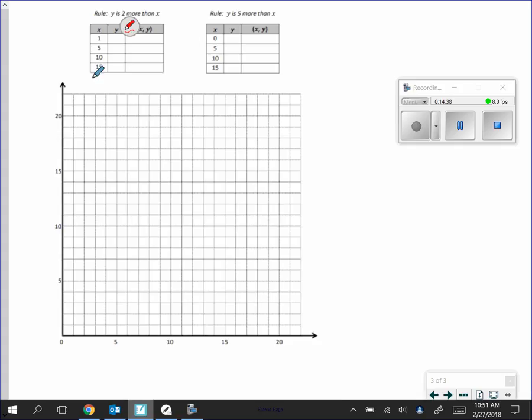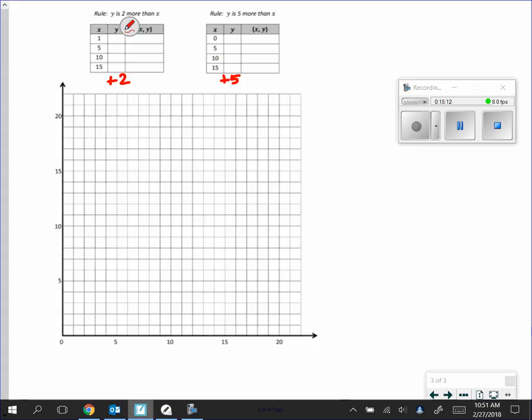So if y is 2 more than x, I'm going to take my x and do what with it? Add 2. It's 2 more, not 2 times, it's 2 more. So it's plus 2. This is y is 5 more than x. What are you gonna do?